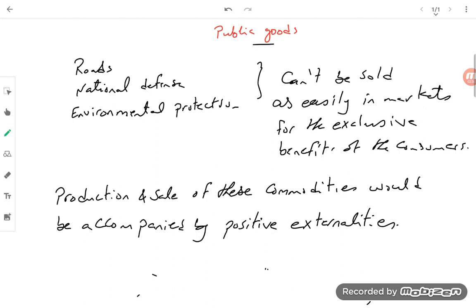So this means that these goods have an external benefit to a large number of third parties as well.